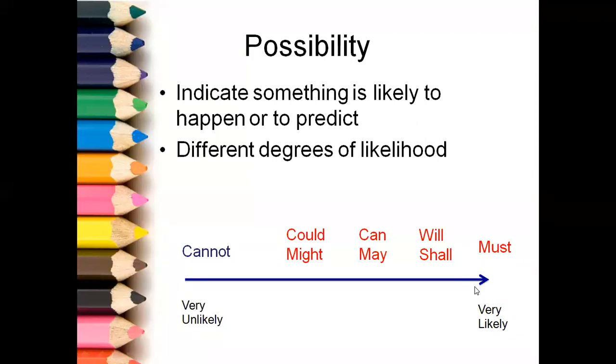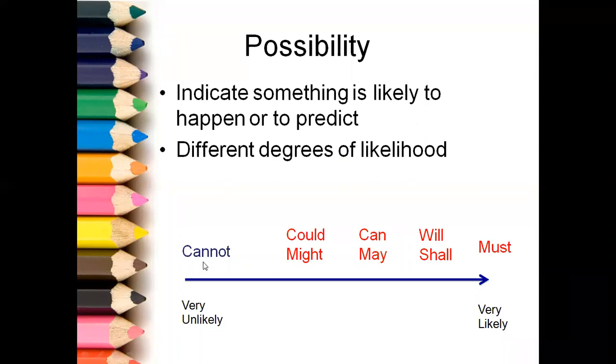And will and shall generally are used for about 90%. It is not 100% sure, but more possibility: it will rain, it shall rain today. So will and shall you can use when you are 90% sure about something. But must is when you are 100% sure, and cannot is when you are 100% sure it is not possible. So these are the modal verbs that we use to talk about possibility, and look at the degree.